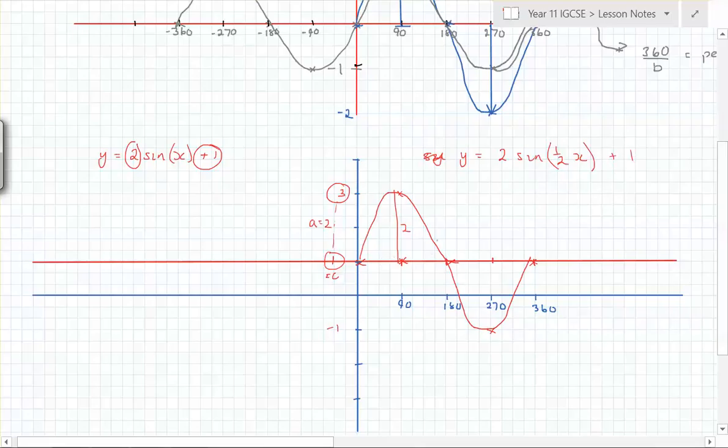So I'm not changing the amplitude. I'm not changing the equation of the centre line. What I'm now saying is there's half a wave in 360. So that will look like, well, it's going to shift which points? It's going to shift all my intercepts. So this maximum now needs to go out.